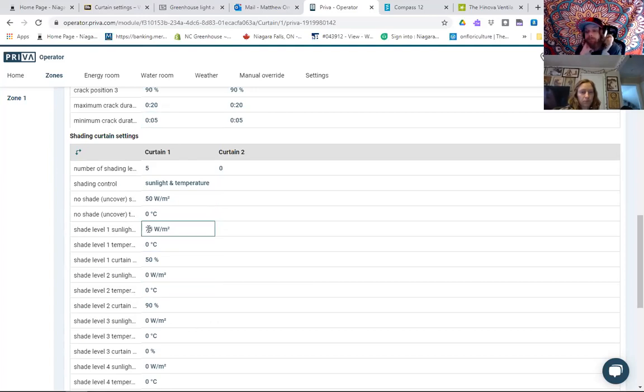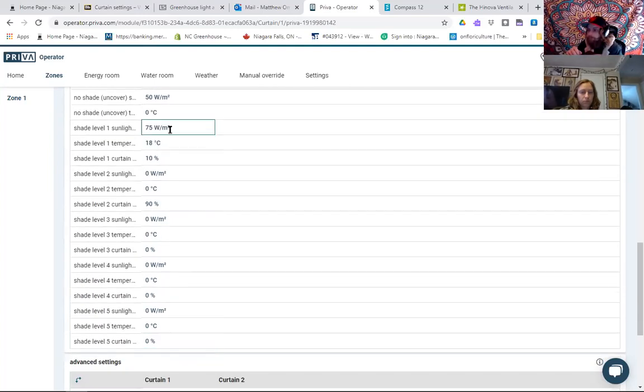So at 75 watts per meter squared, you're going to have the curtains cover, I don't know, 10%. You can set this temperature up as well to 18 degrees and move onward and upward from there. So as the sunlight level increases, your shade percentage will increase. And conversely, when it falls back, say we have a cloudy day and the clouds stay over the greenhouse for an extended period of time, then the curtains will open or uncover.